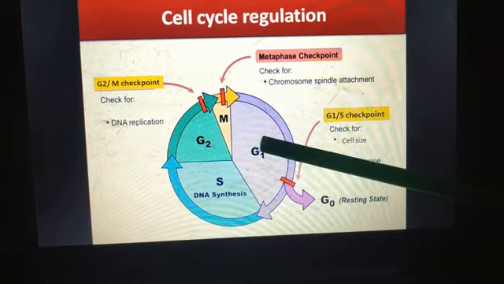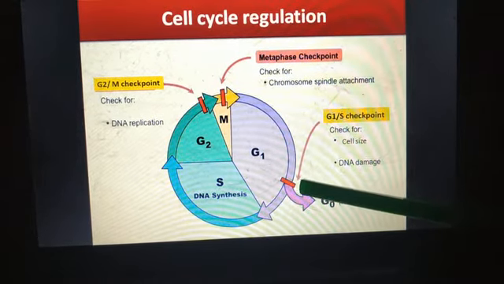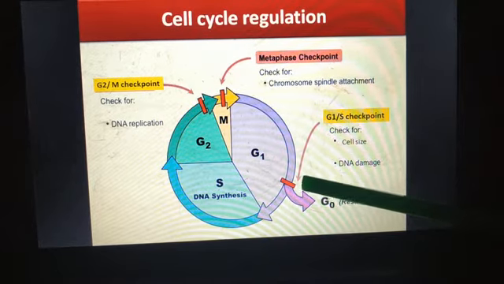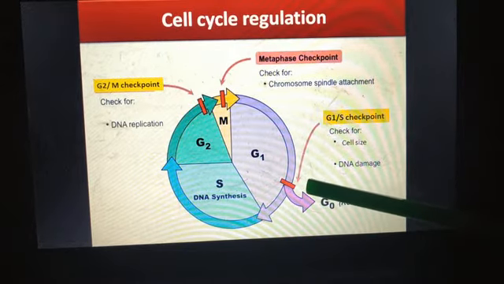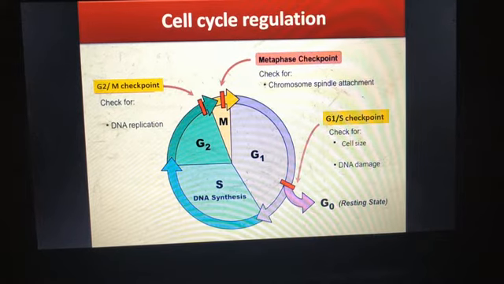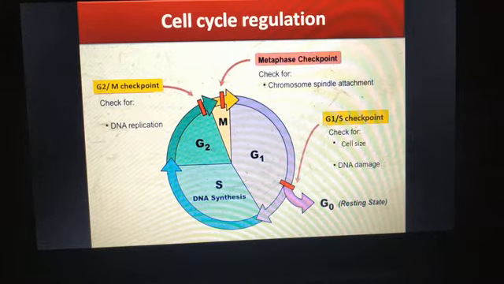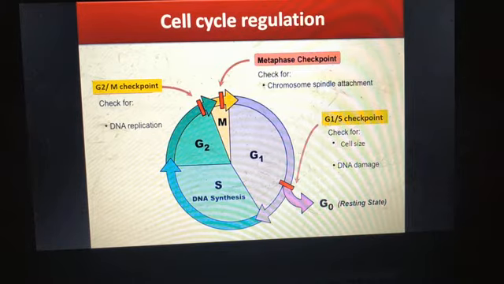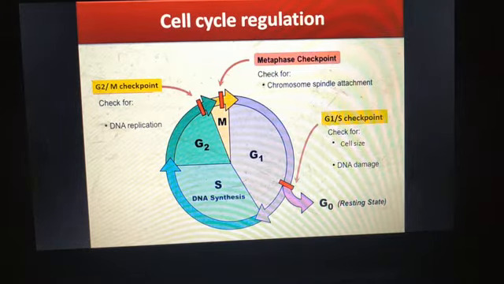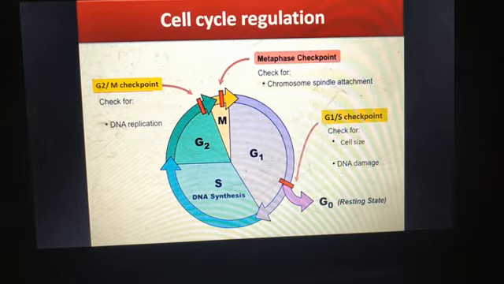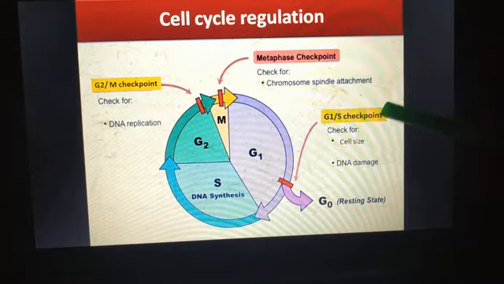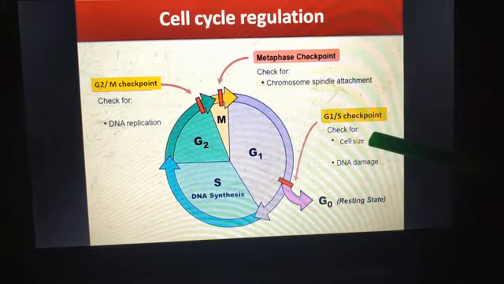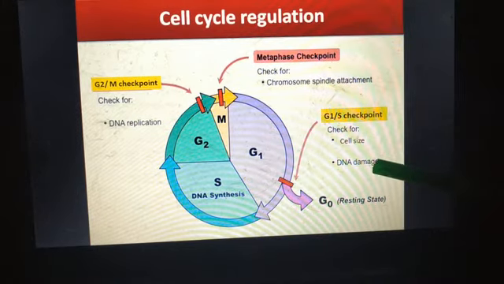So before that, in this checkpoint, it is checked whether the DNA is proper or not. Is there any damage in the DNA? Because in the next stage the DNA is going to replicate. So here in the G1S checkpoint, it monitors the cell size and checks for damaged DNA.